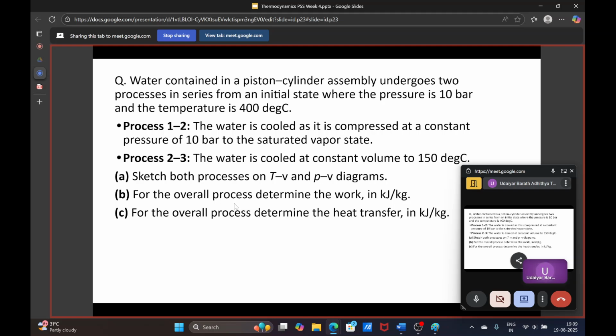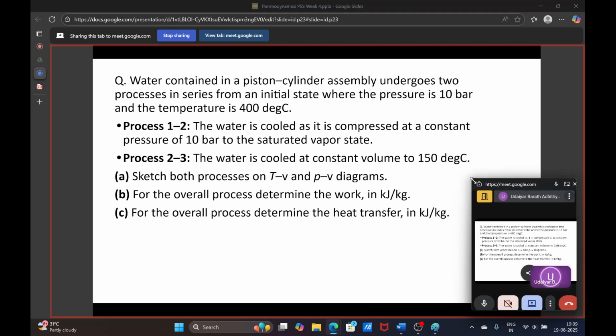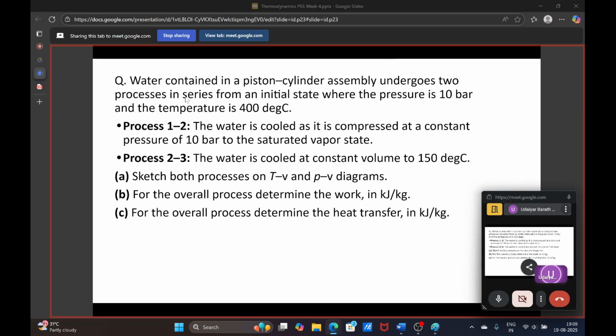So next question. Water contained in a piston cylinder assembly undergoes two processes in series from an initial state where the pressure is 10 bar and the temperature is 400 degrees Celsius.